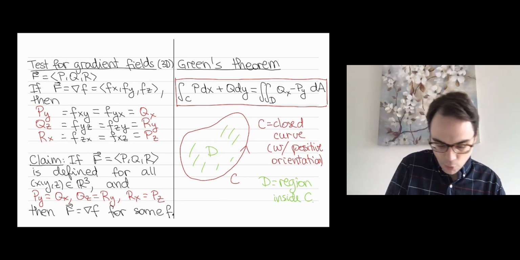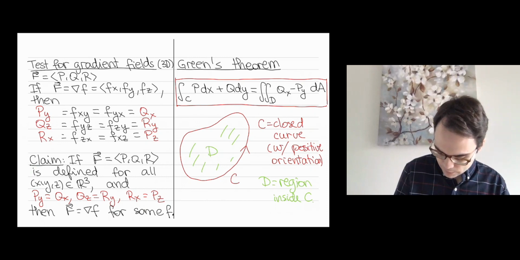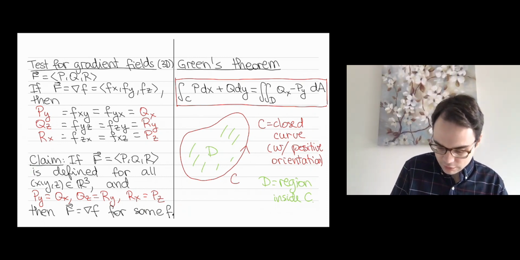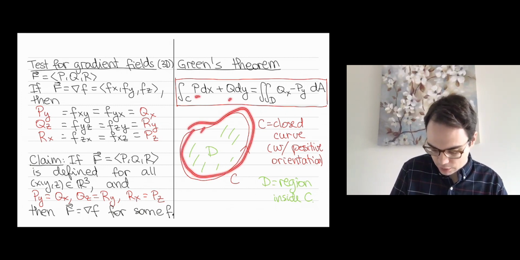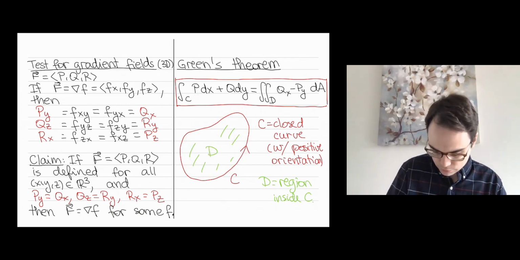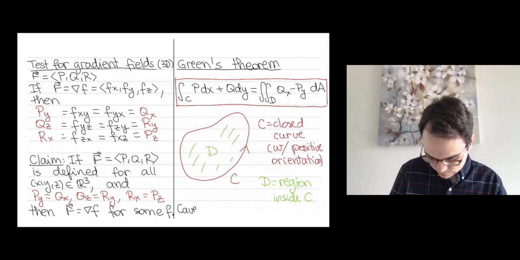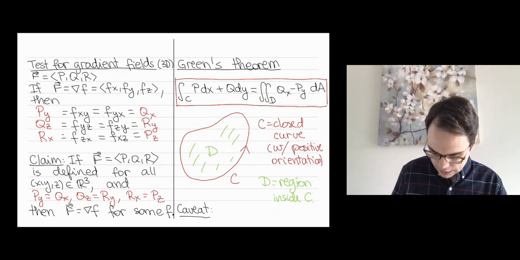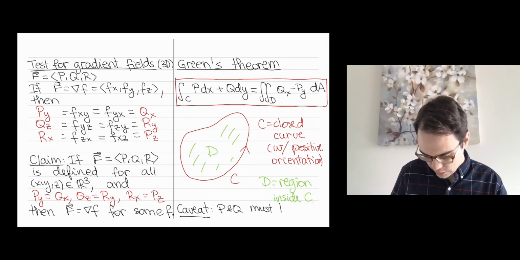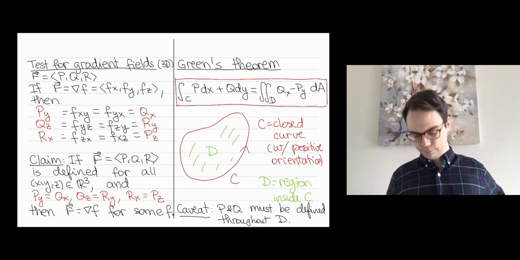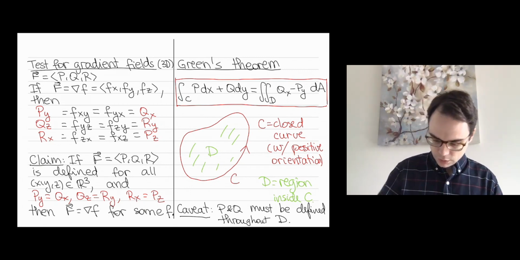So this theorem holds, so caveat, provided that P and Q are defined not just on the boundary curve C, but on the inside of the region D. So caveat, P and Q must be defined throughout D. Right?